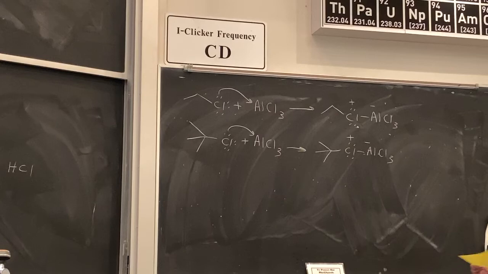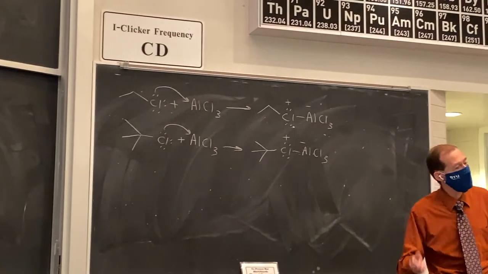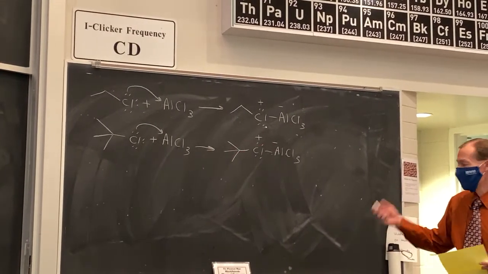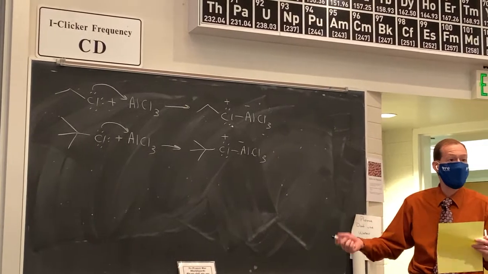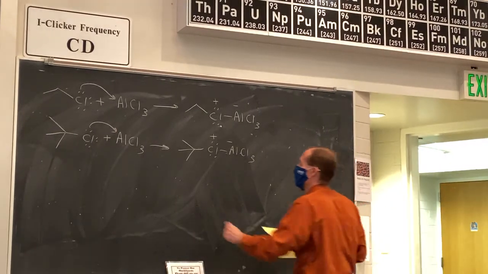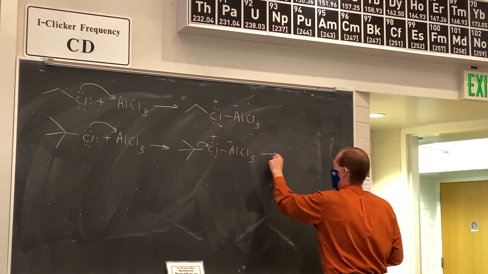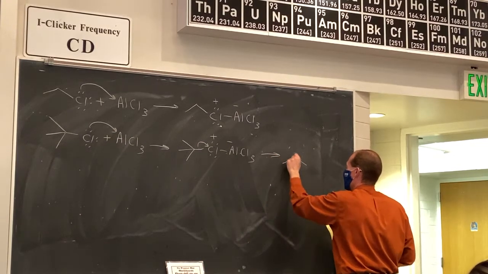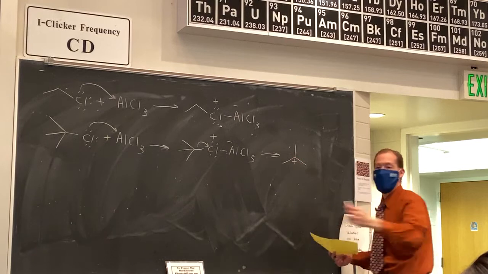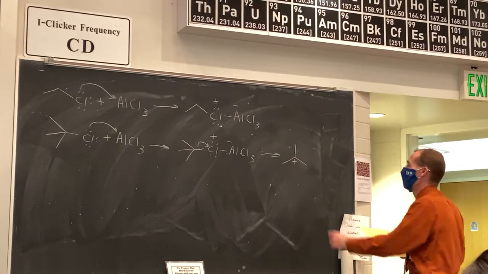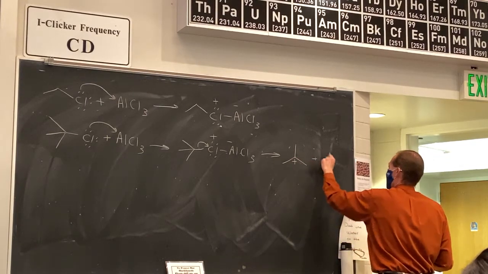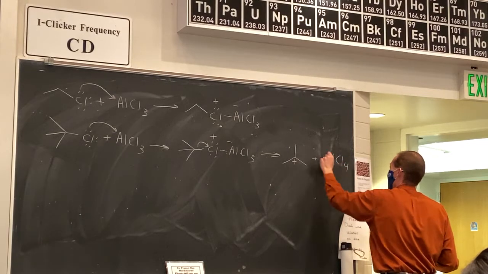But now, because we have a tertiary alkyl group attached to a positively charged chlorine, we can just cleave this bond directly in a heterolytic fashion to form a tertiary carbocation and aluminum tetrachloride.